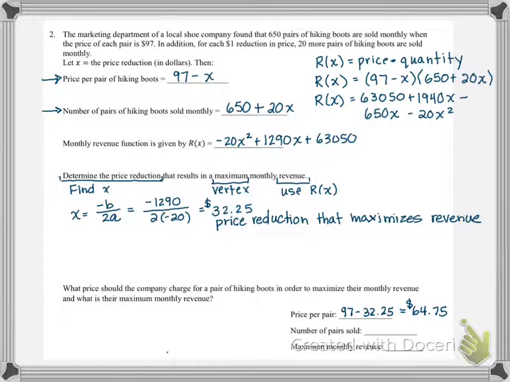So 650 plus 20 times 32.25 is like 1,000, what is it? 19, I think it's 19 something, maybe it's 14 something. Oh, I'm totally off. 1295 pairs.